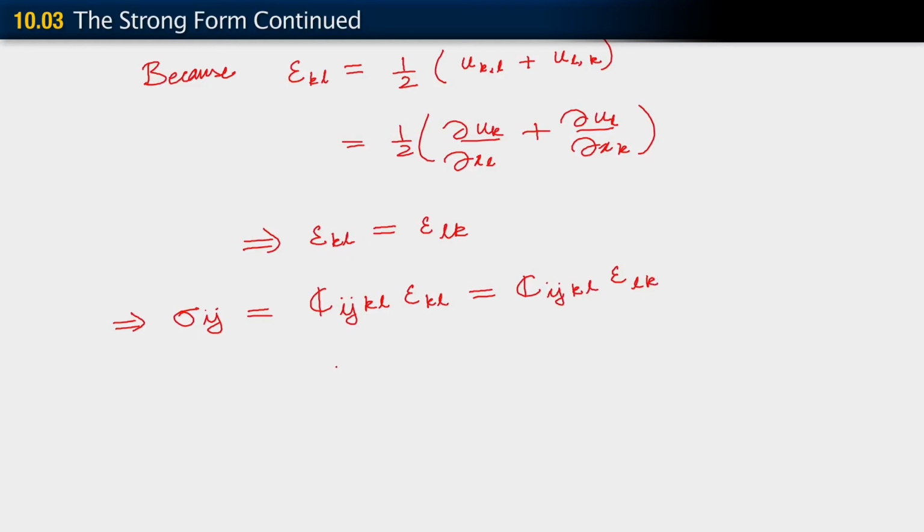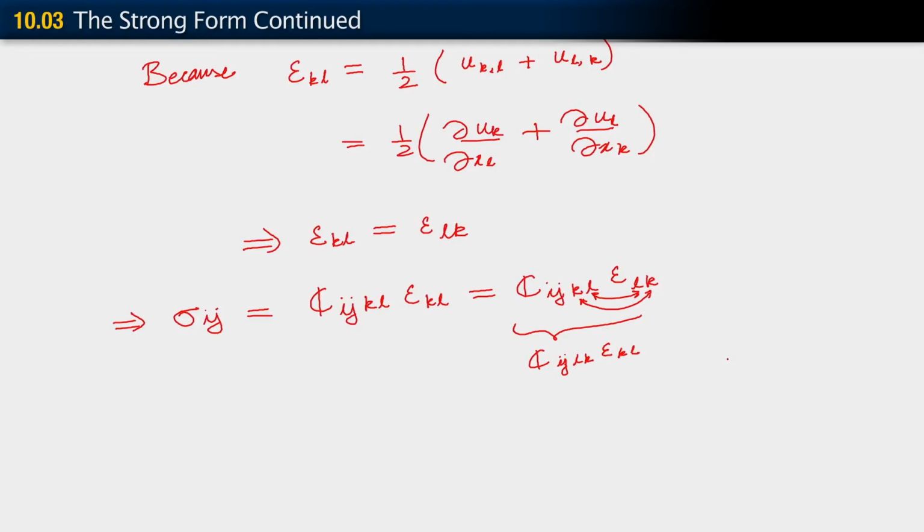Now, if you look at the order of the indices here, because of this contraction, and recognizing that l and k are just dummy indices, it follows that this last term can equally be written as C ijlk epsilon kl.